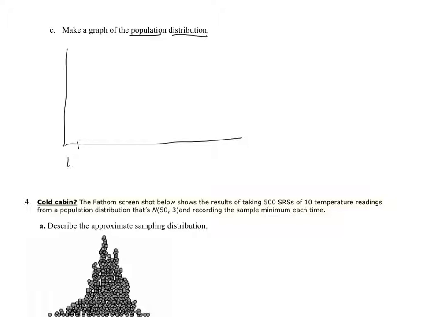So we're going to go from about the smallest, so 60, and we can go up by about 1.5. Should be 70.5.